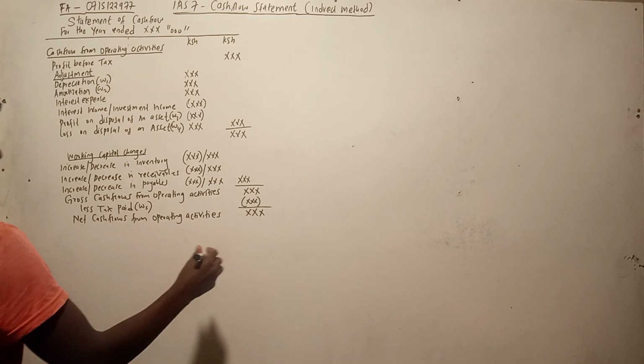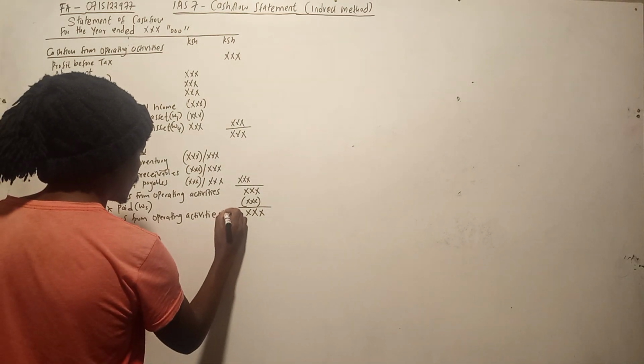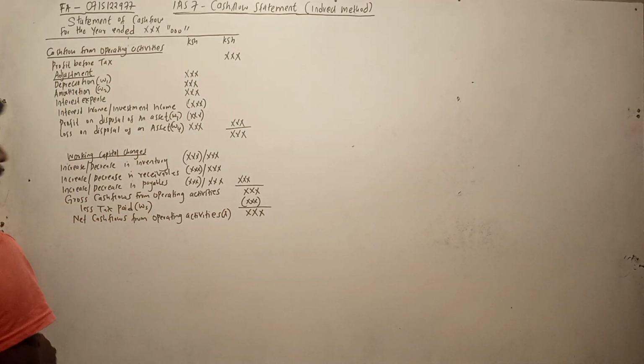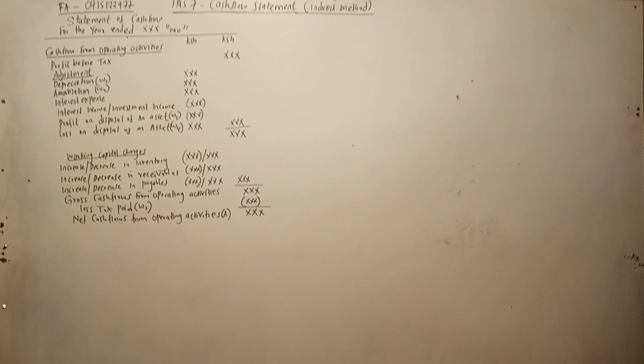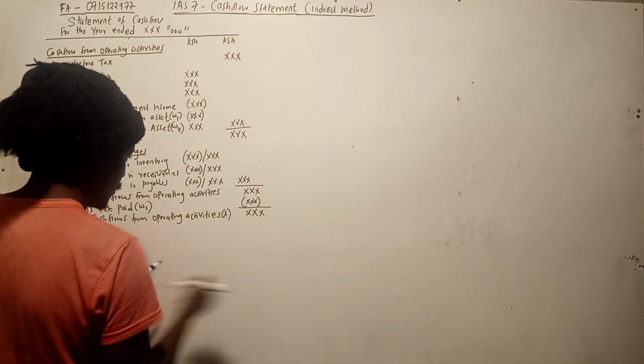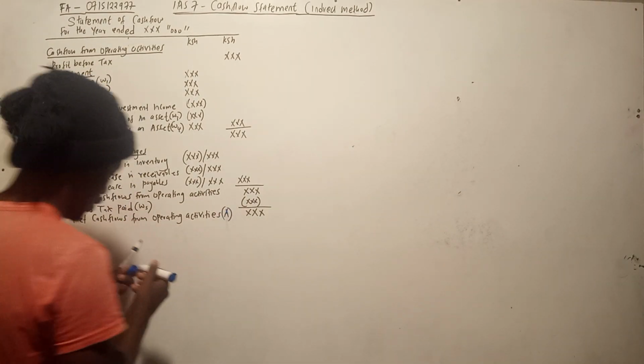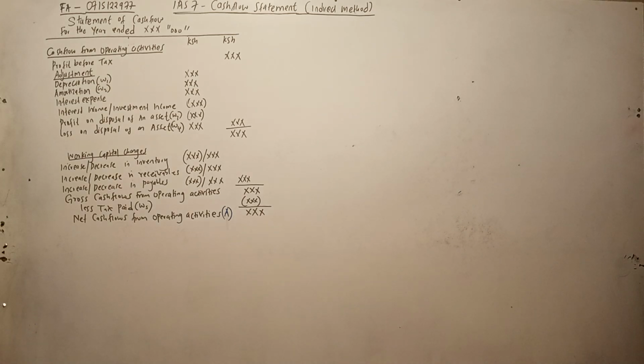So once we get this part, we call it A. Let me use a different pen. So I can call this one A. So that is the cash flow from operating activity.